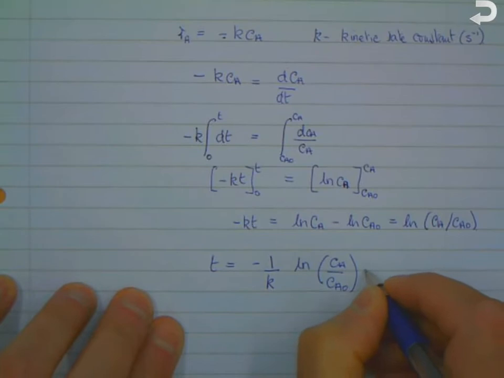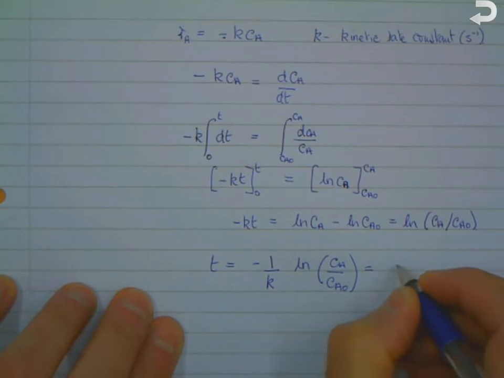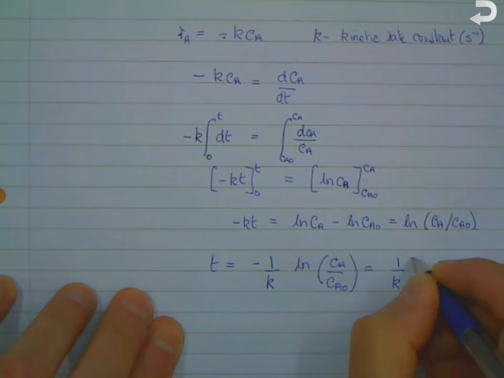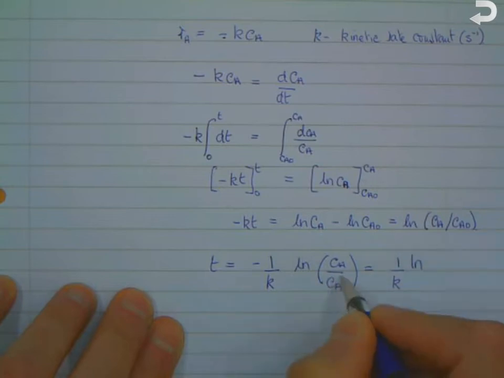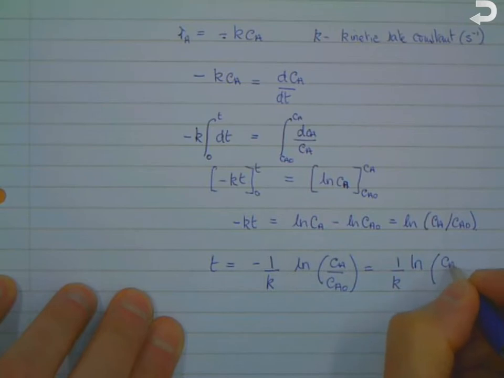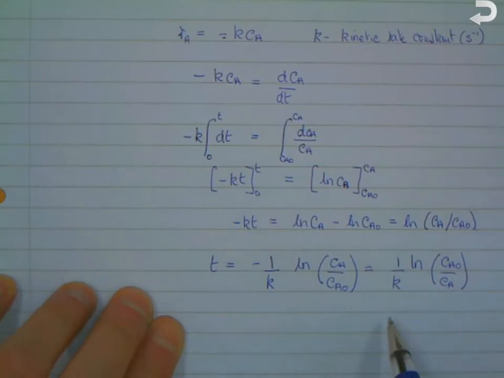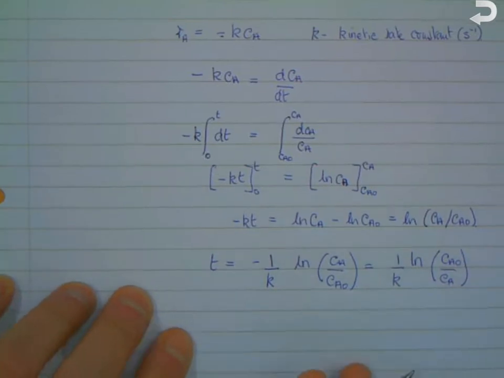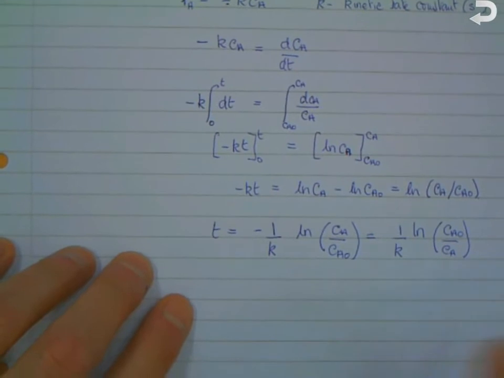And it might be quite convenient just to get rid of that minus sign. That gives you 1 over K. So if you take that minus sign in there, you can invert the log, and that gives you Ca naught over Ca. So that's an expression for the required reaction time to achieve a final concentration of Ca from an initial concentration Ca naught if you've got a first order kinetic rate constant of K.